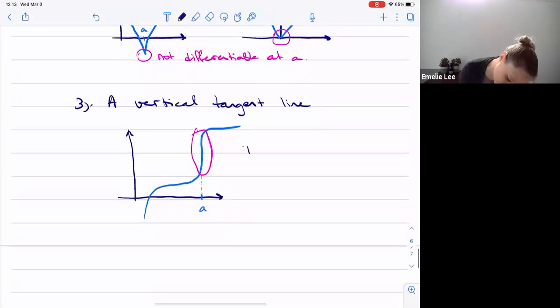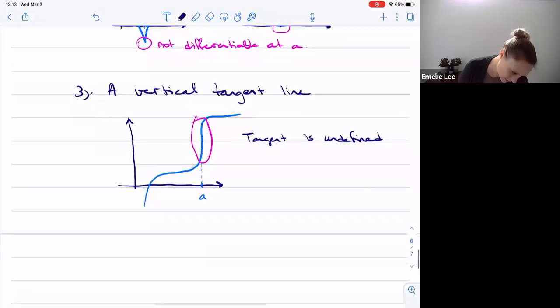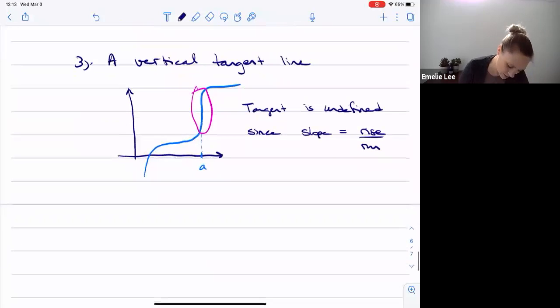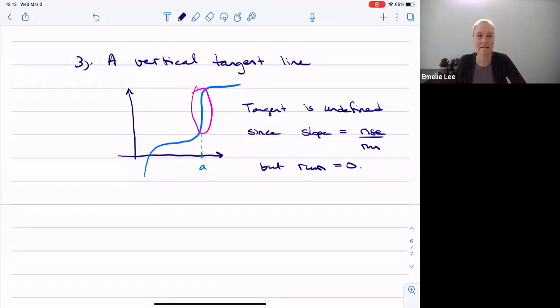So the tangent is undefined, since the slope is the rise over run, but run equals 0. Whenever we're dividing by 0, we have to forfeit and say undefined.